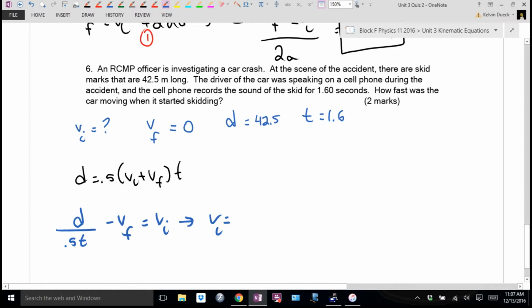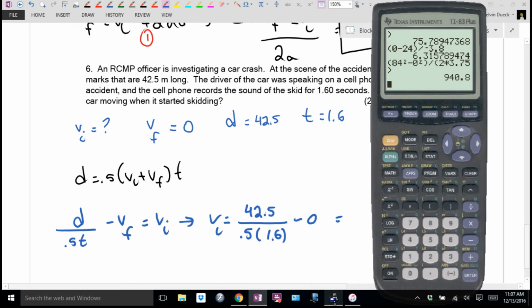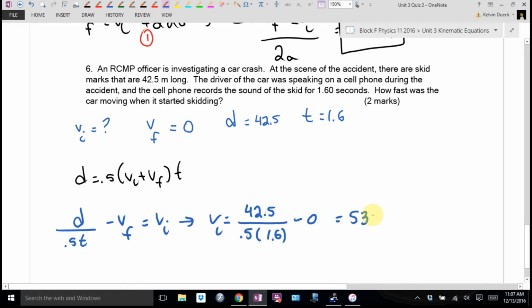VI is going to be 42.5 divided by 0.5 times 1.6 minus 0. I probably don't need to type the minus 0. 53.125? I'll go 53.1 meters per second.